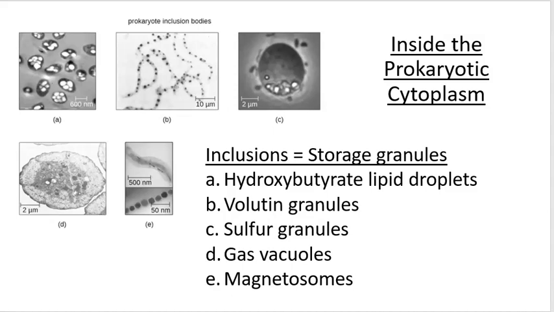People first isolated these kinds of cells by literally taking metal rods and sticking them into the sand and hooking up a battery. These cells were attracted to that magnetic field, or they would swim in response to the magnetic field.